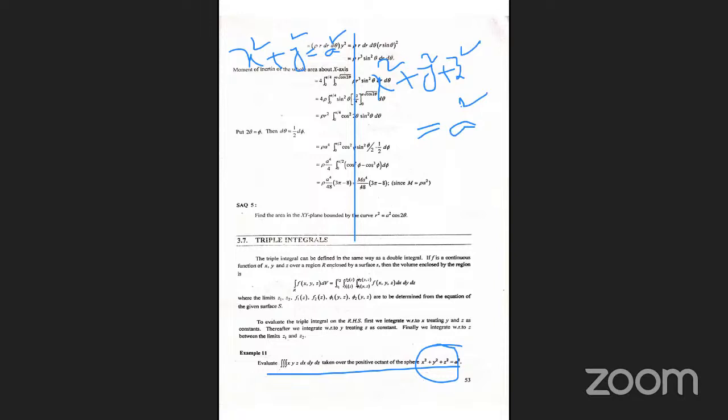So what is the difference between a circle and a sphere? A circle is a two-dimensional figure. Very good. A sphere is a three-dimensional figure. So 2D is a circle; when it comes to 3D, that becomes the sphere.